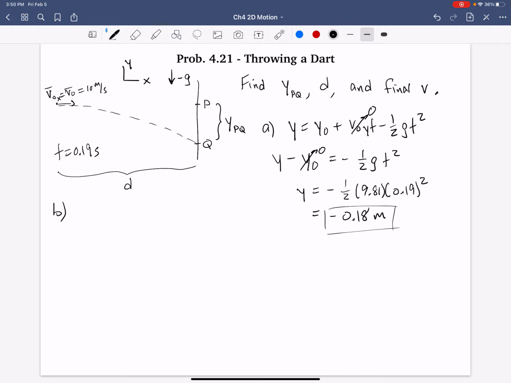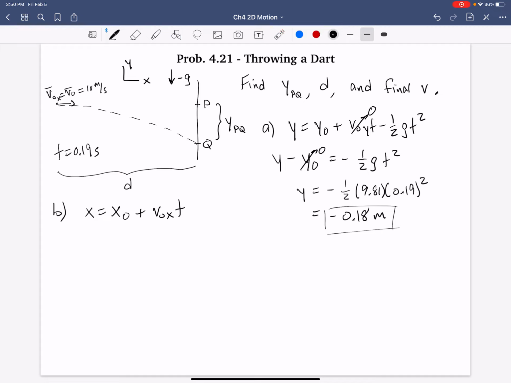So in that case, we need an equation in the x direction. Our go-to should be this one: x equals x naught plus v naught x times time. We know time. We know v naught x. And we're trying to find this unknown distance d, which is really x minus x naught.